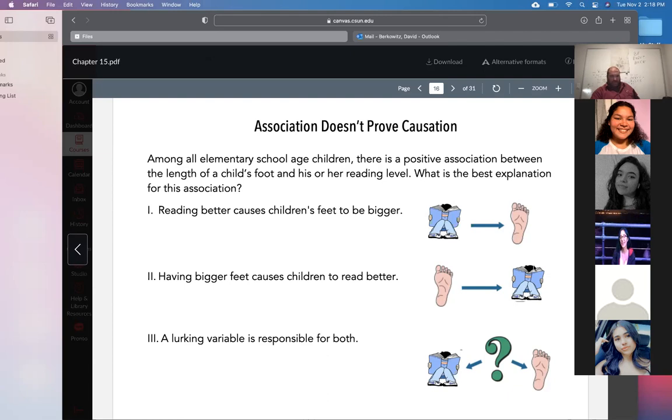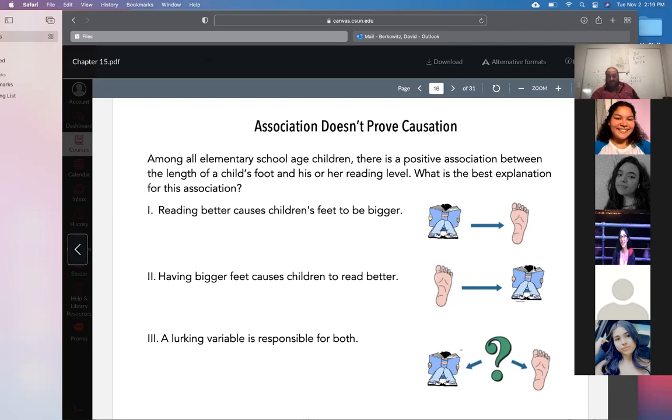The length of a child's foot has a positive correlation with the child's reading level. The longer the foot on average, the better the child can read. Statistical fact. Does this mean that reading better causes the children's feet to be bigger?